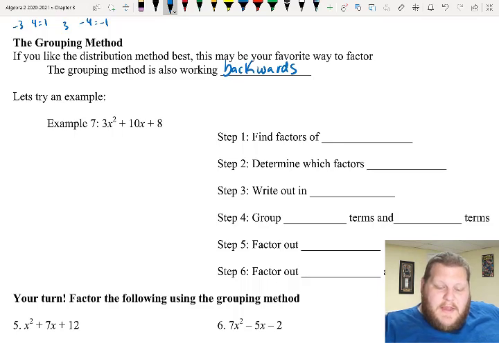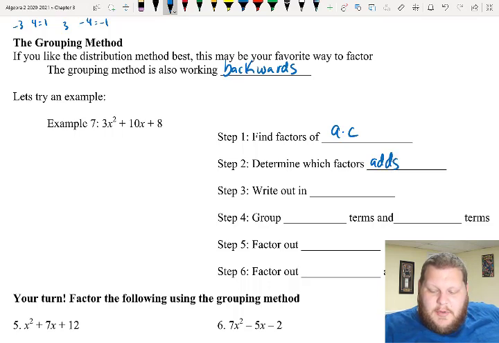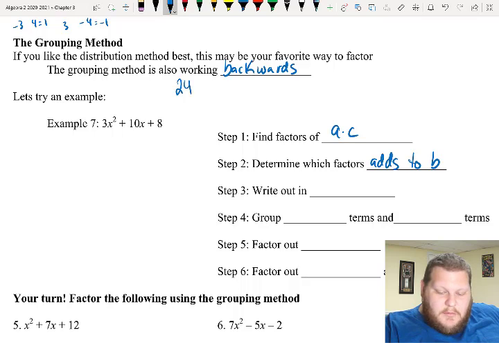So with this, if we're factoring 3x squared plus 10x plus 8, our first step, we go straight to finding factors of a times c and figuring out which one of those factors adds up to b. Once we know what those are, we're going to take that 10x and split it into those two numbers. So in this case, I'm looking for factors of 3 times 8, which would be factors of 24.